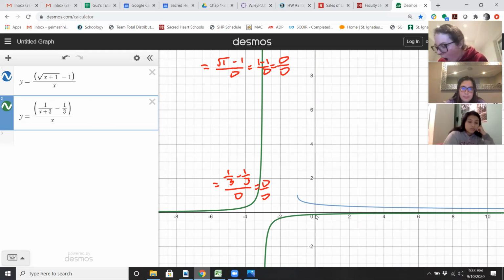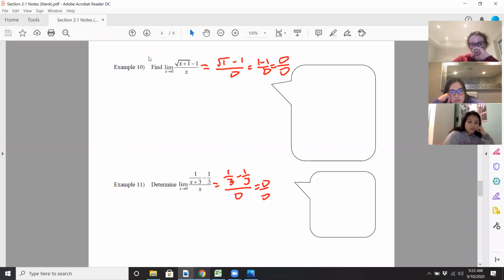So the green curve, if I get close to 0, it says undefined at 0, but looks like it's close to negative 0.11, maybe 1/9. So I suspect, going back to my notes, that the answer for number 10 is probably 1/2, and this one is probably negative 1/9, because that's what I saw graphically.